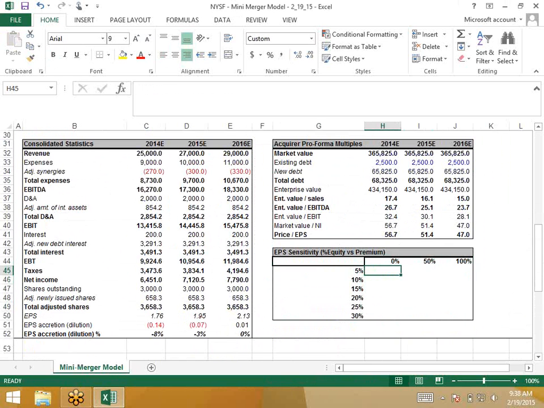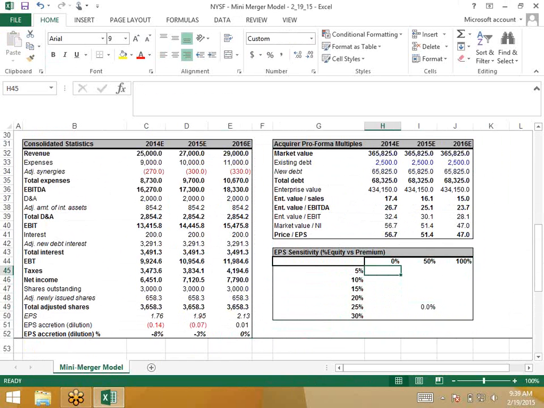So one way we can do this is to go up to the top and change our assumptions one by one, look at what the answer is, and cut and paste the answer into the appropriate quadrant in the Excel table here. For example, right now we're running the 25% premium, 50% equity, 50% debt case, so 0% would be in here, right?